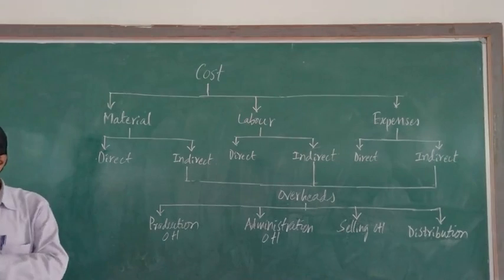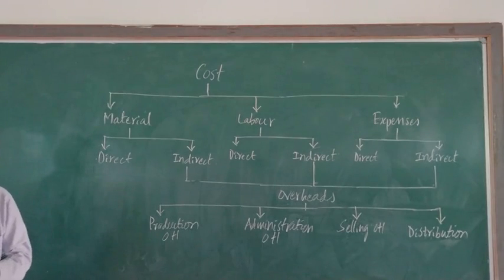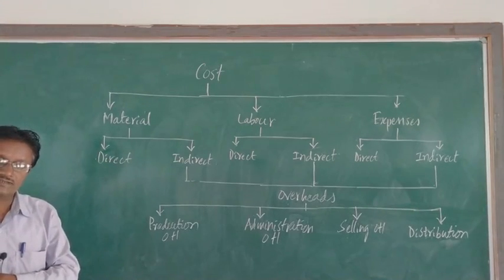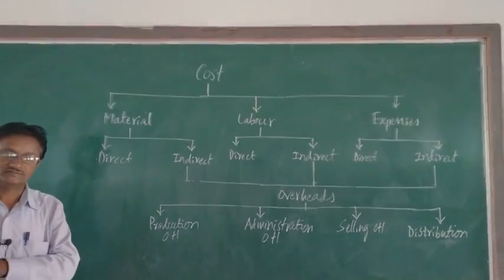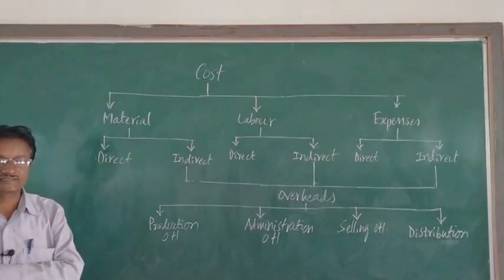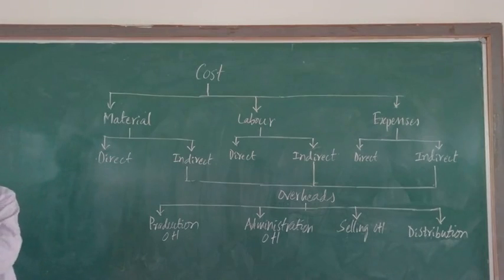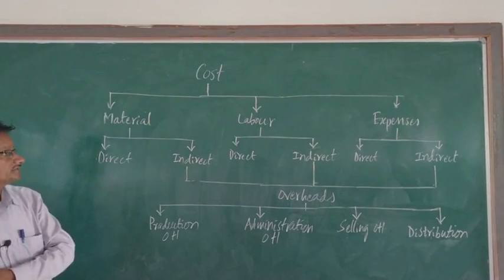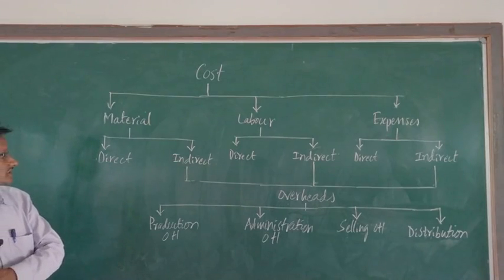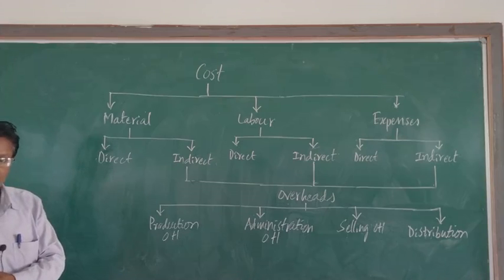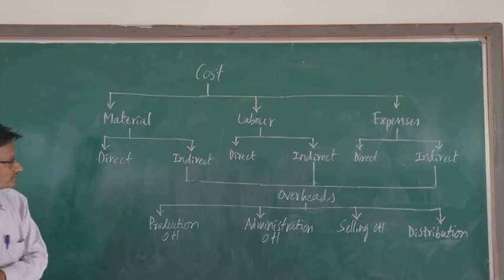For example, timber in furniture, clay in bricks, etc. Next, material cost may be divided into direct or indirect material cost.